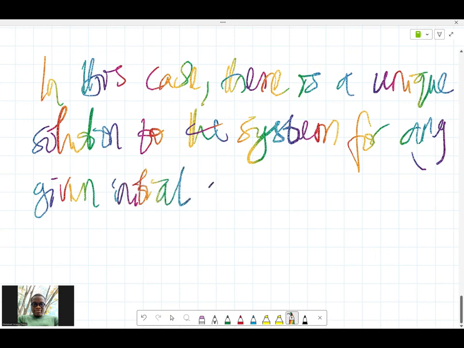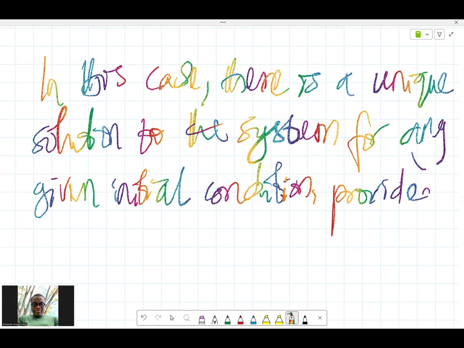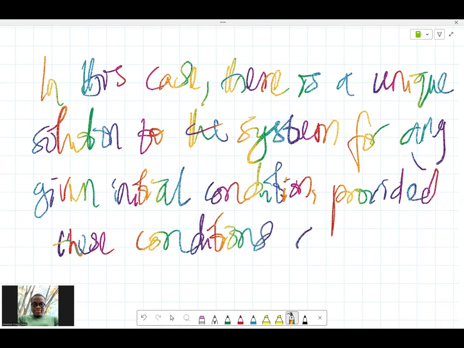Of course, it is that initial condition that will guarantee that we go beyond the general solution to a particular solution. For any given initial condition, provided these conditions are met.